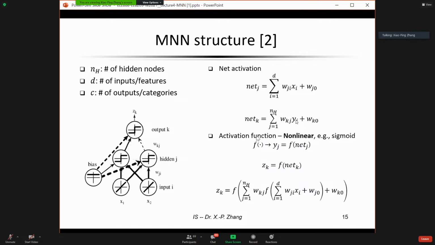So you might think, okay, what if I don't use a nonlinear function? What if all of these are linear, right? Can you have a linear neural network? The answer is simple: yes, you can. However, if this is all linear, then basically you can put it all together.